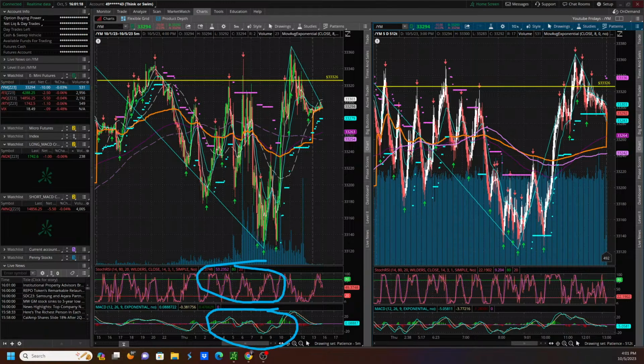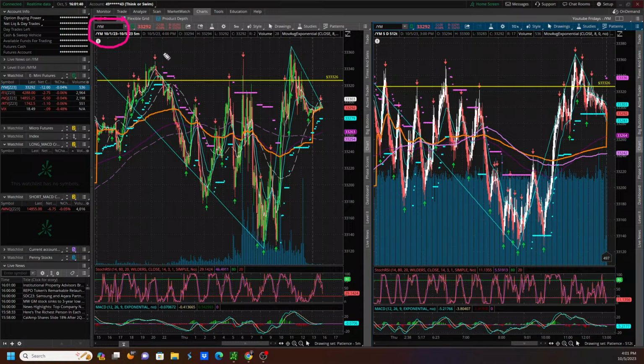On the left screen I'm using a 5-minute time-based chart, and on the right screen is a tick-based chart, which is 512 ticks. What I'm showing right now is the YM, the Dow Jones Industrial Average for the futures market. But you can do this with stocks too, or Forex, or anything that you'd like.